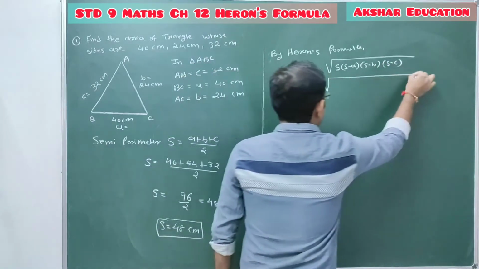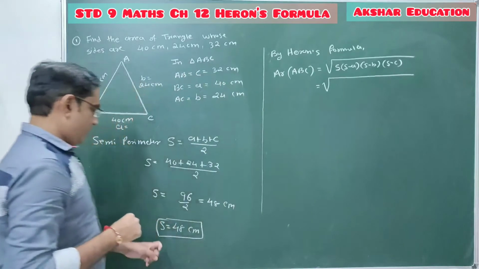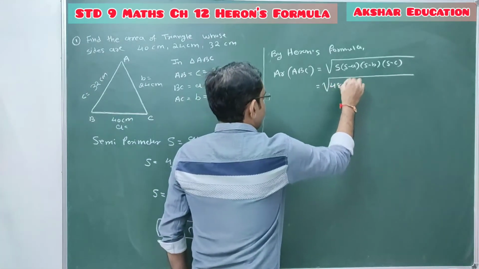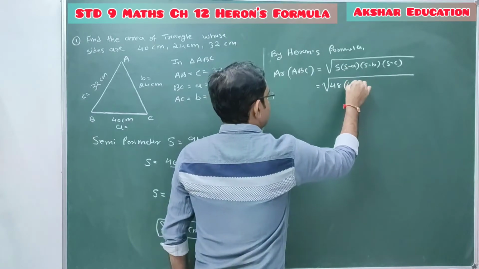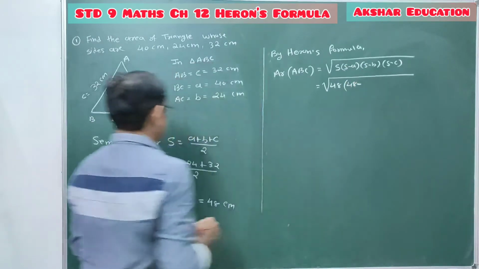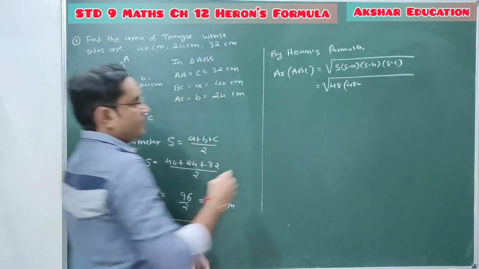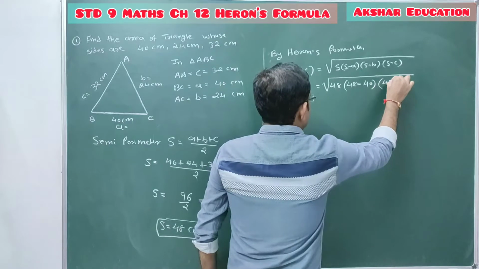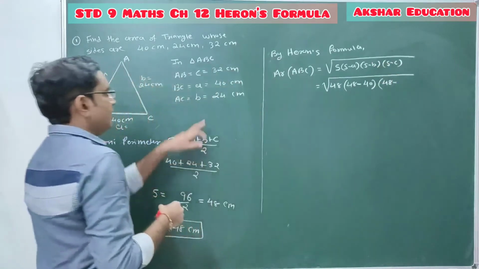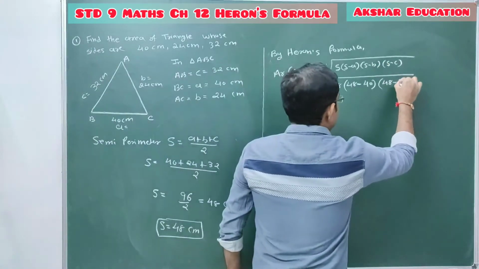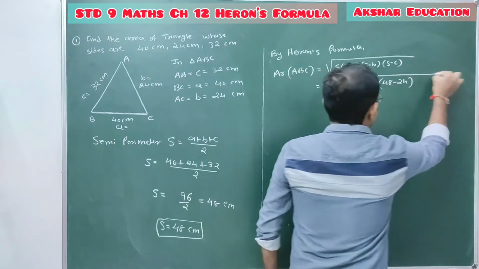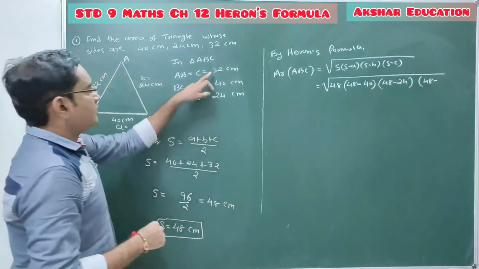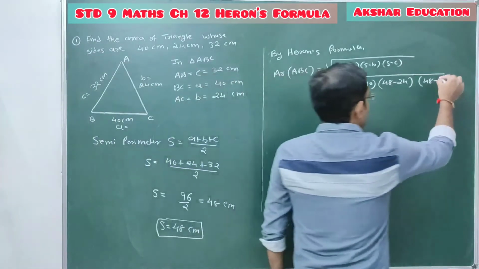So this is equal to, put the values. s is the semi-perimeter, which is 48. Now s minus a: 48 minus small a, 40. So this will be 40. Then 48 minus small b, which is 24. So here it is 24. 48 minus small c, 32.